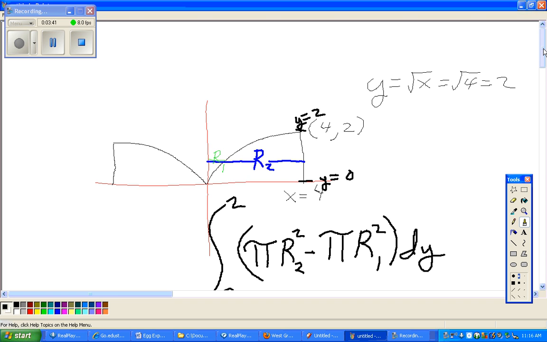So the next thing to do is try and look at where these x's are touching, where the r's are touching. Will you notice that that r is in the same direction as x?